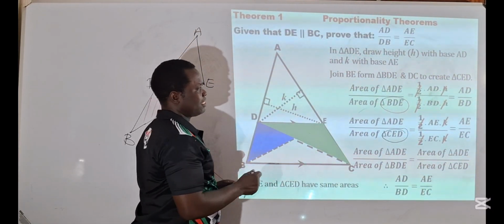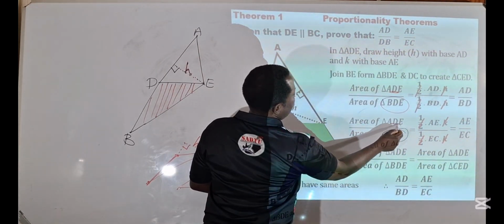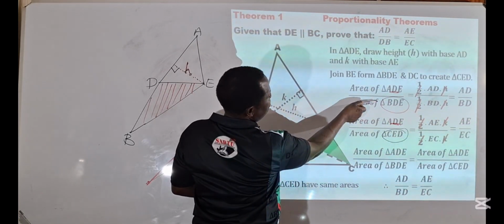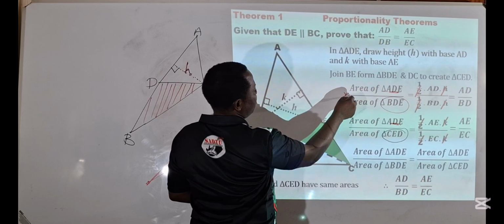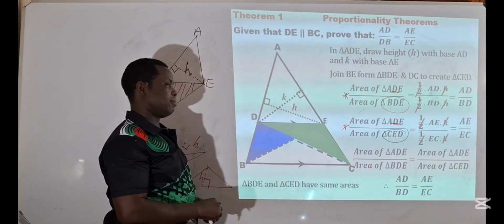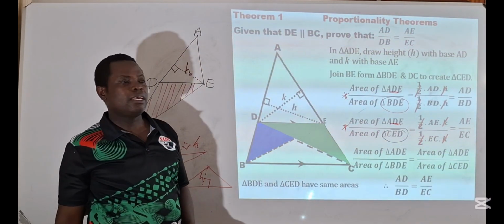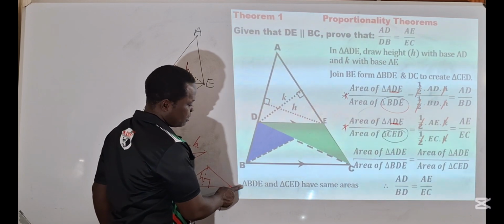Given that in these fractions the numerator is the same in both cases, if the denominators are equal, it makes this fraction equal to that one. And that's the conclusion that we make there. And then we can conclude that AD over BD is equal to AE over EC. And this one, don't forget to write the reason.